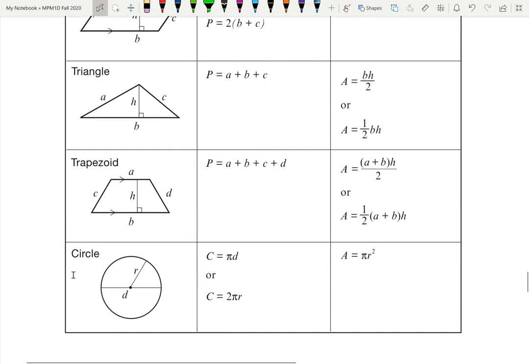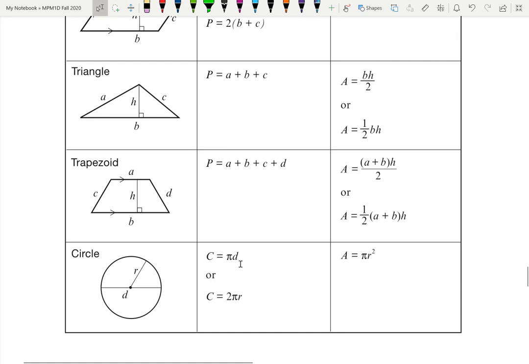And here is a circle. So instead of saying perimeter, we say C, or circumference of a circle. The circumference is the perimeter of a circle. So it's here: C is equal to pi times diameter.